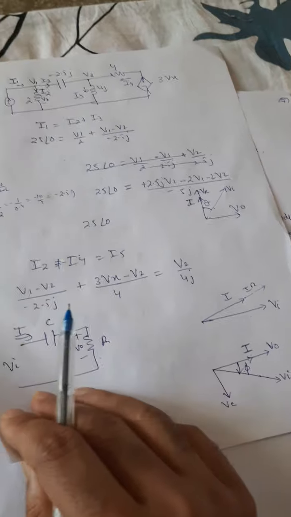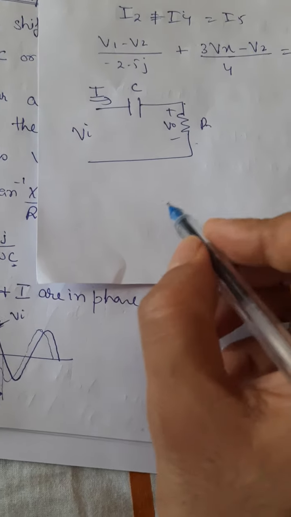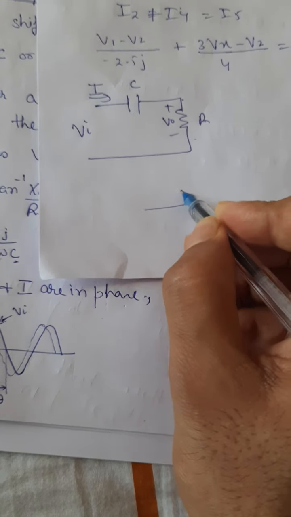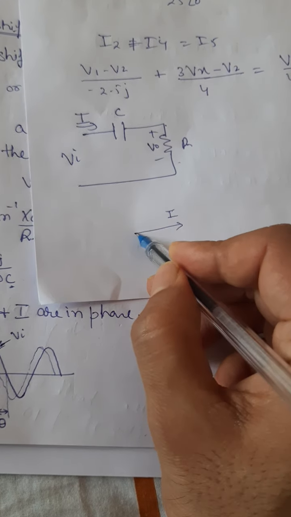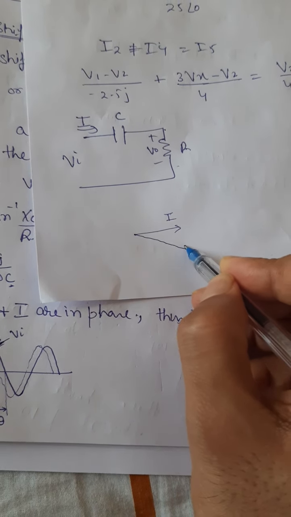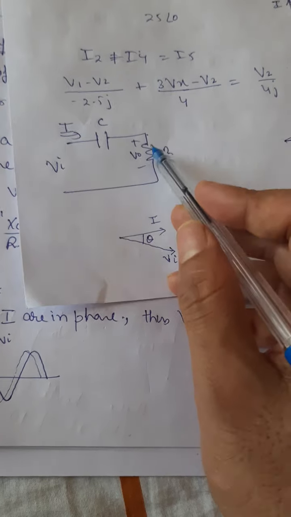What I am trying to say, let me show it here. This is the circuit now. Suppose this is my current I, and this is leading my voltage VI by some angle theta. So what is the drop across this resistor?